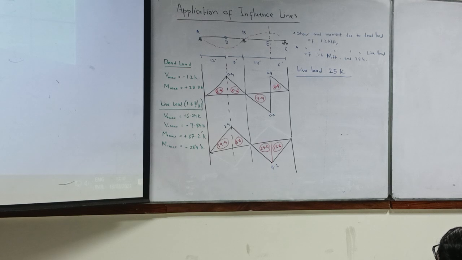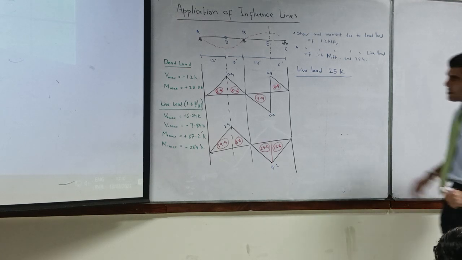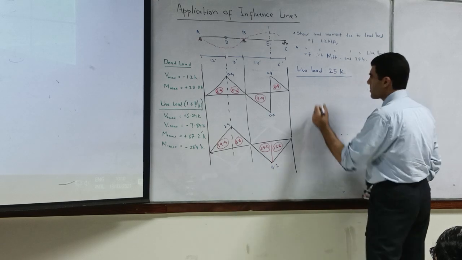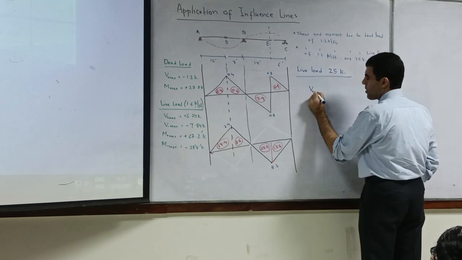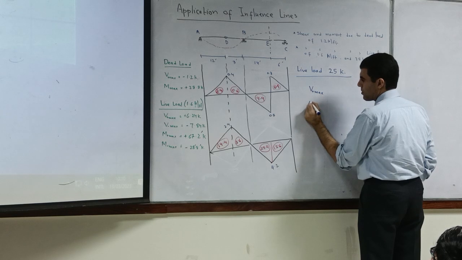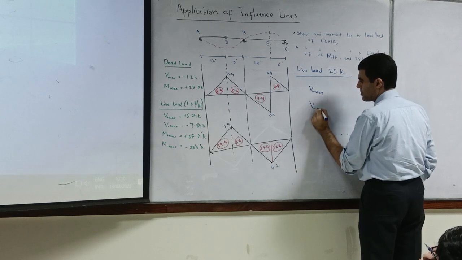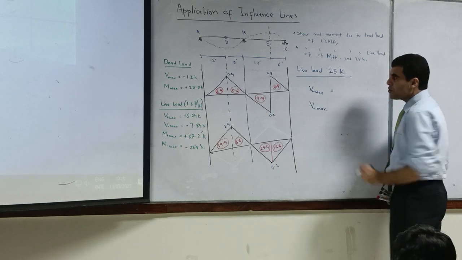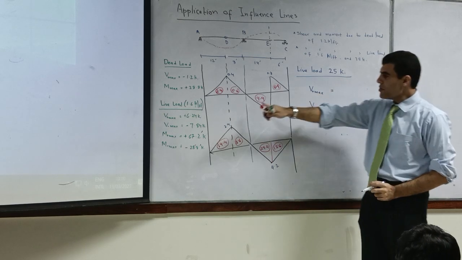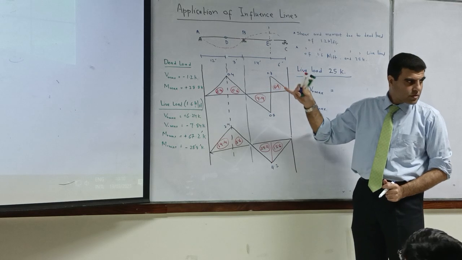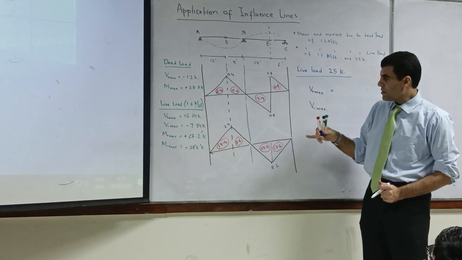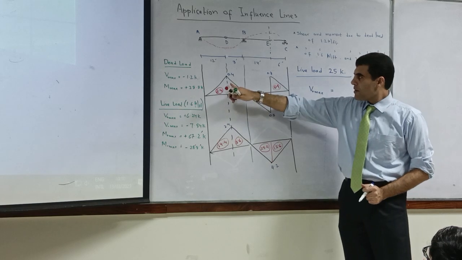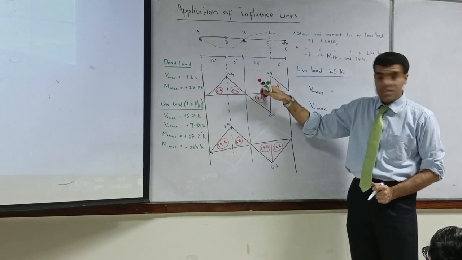सर ई पॉइंट पे अप्लाई करते हैं, we will have a maximum shear effect. Where should I apply? So V max at E point. V plus max is equal to 25 into this is 0.4, this is 0.3.